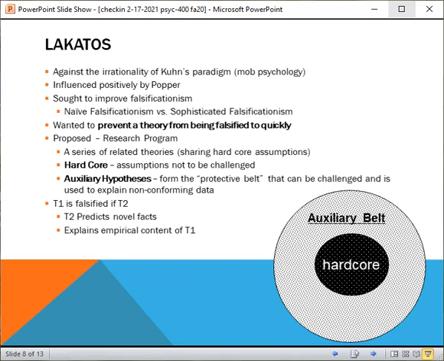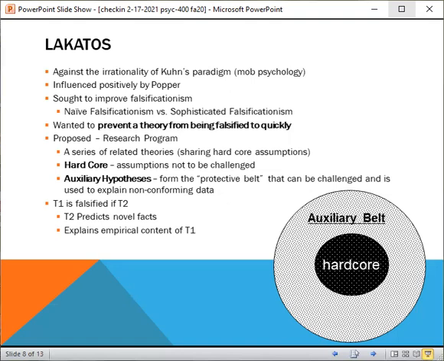Ultimately, what he wanted to do was to prevent a theory from being falsified too quickly, because falsification is basically, it's it. So he wanted to delay falsification long enough for a theory to truly prove itself of worth or not.